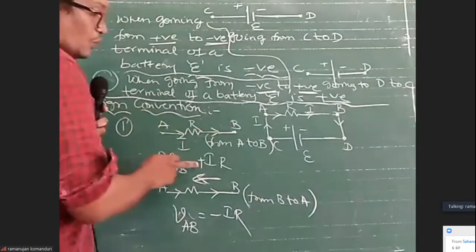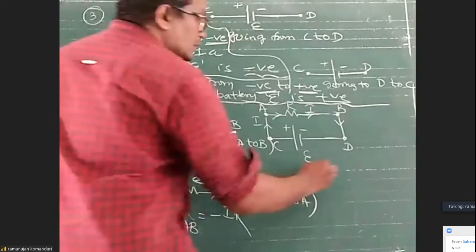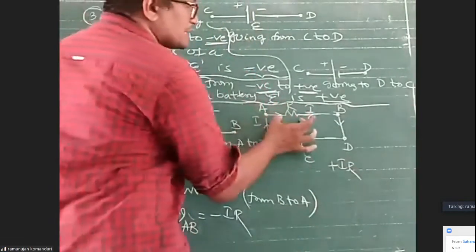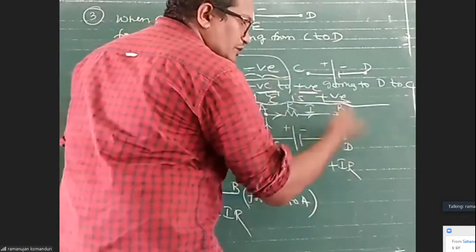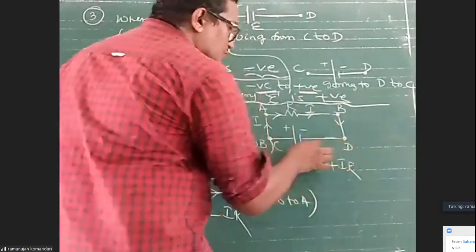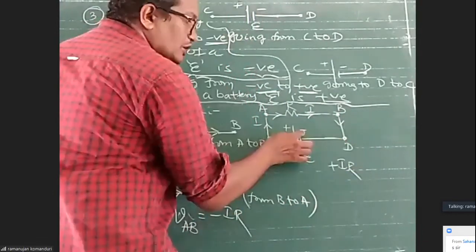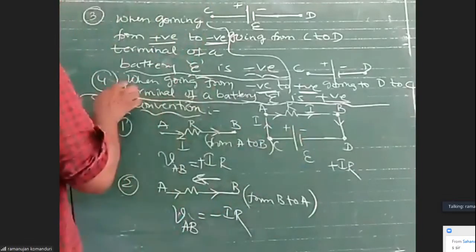The algebraic sum is with whatever sign is given to this one, so I should put it as plus IR. Okay, now this part is completed. B to D, there is no resistance, there is no EMF, nothing. D to C, when you are coming from D towards C, you are crossing the negative terminal and entering the positive terminal. What is the rule saying?